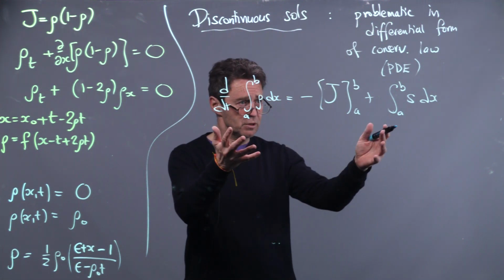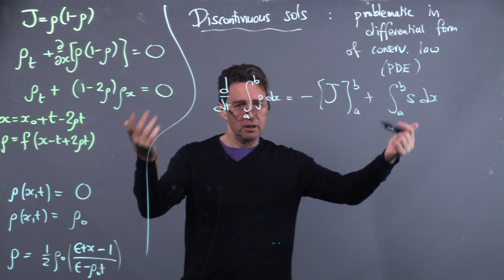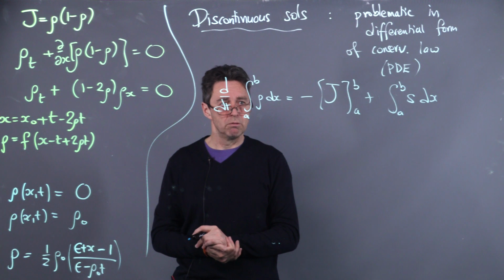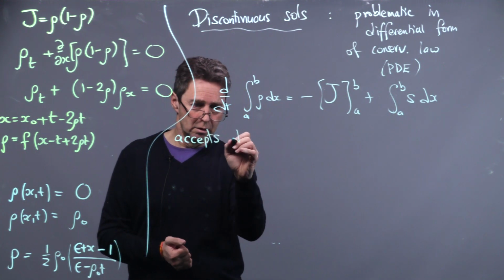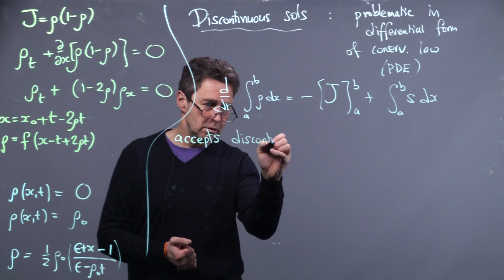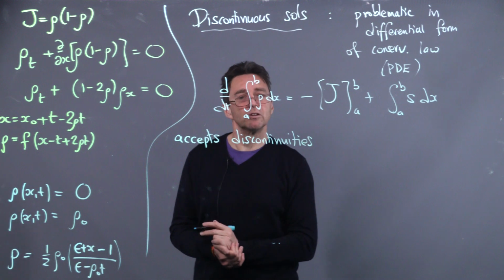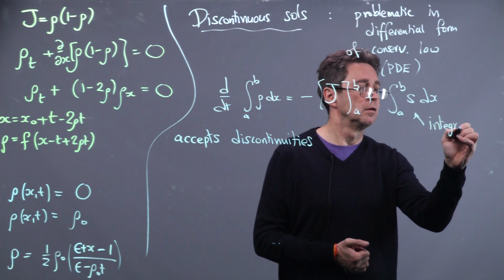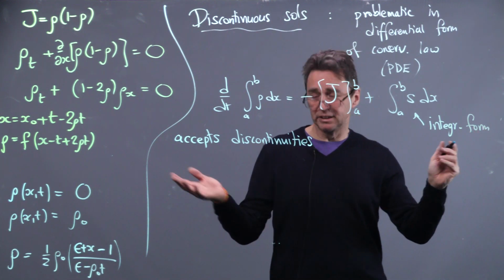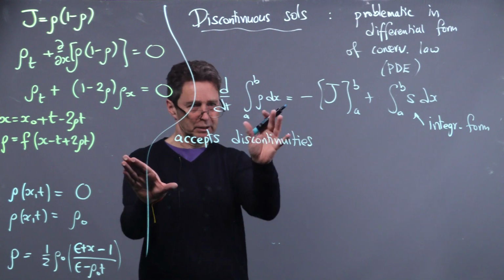Now, there are no space derivatives, and I can easily shove in things here that have a discontinuity in rho. So the integral form of the conservation law accepts discontinuities.